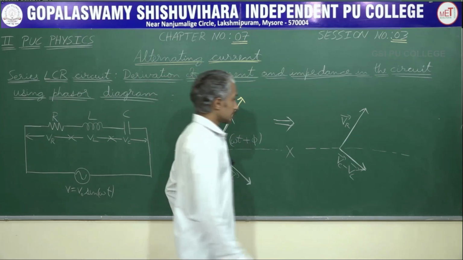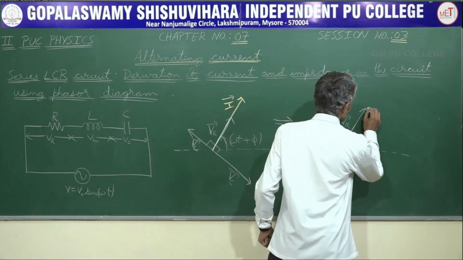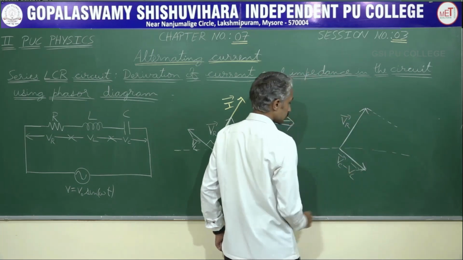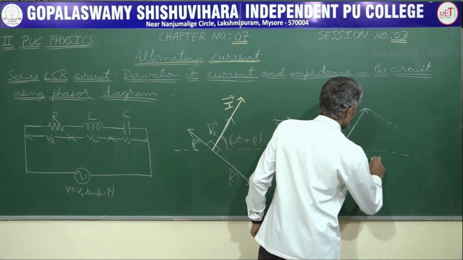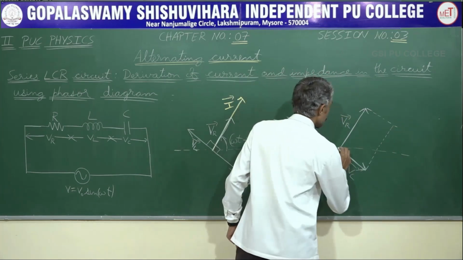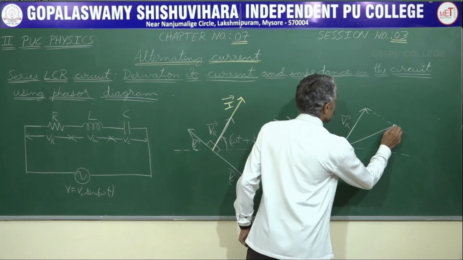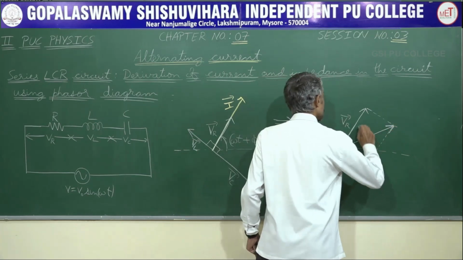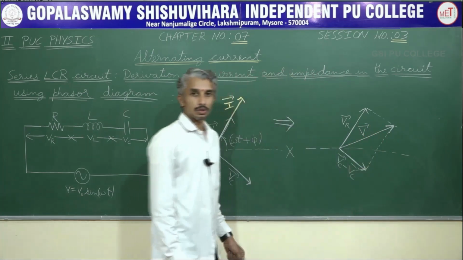So the net voltage is going to be given by the parallelogram law of vector addition. Draw a vector parallel to VC minus VL and also a vector parallel to VR. Now this will give me the source voltage.